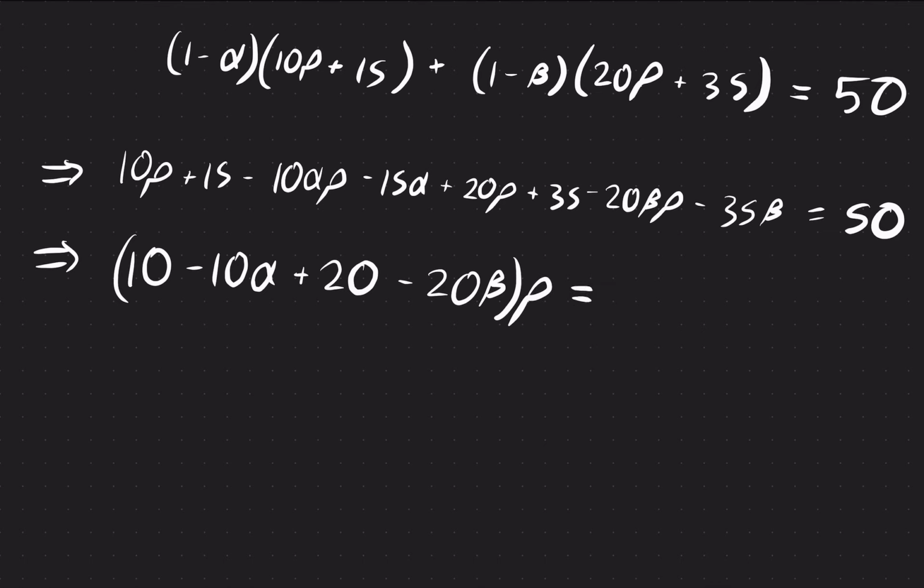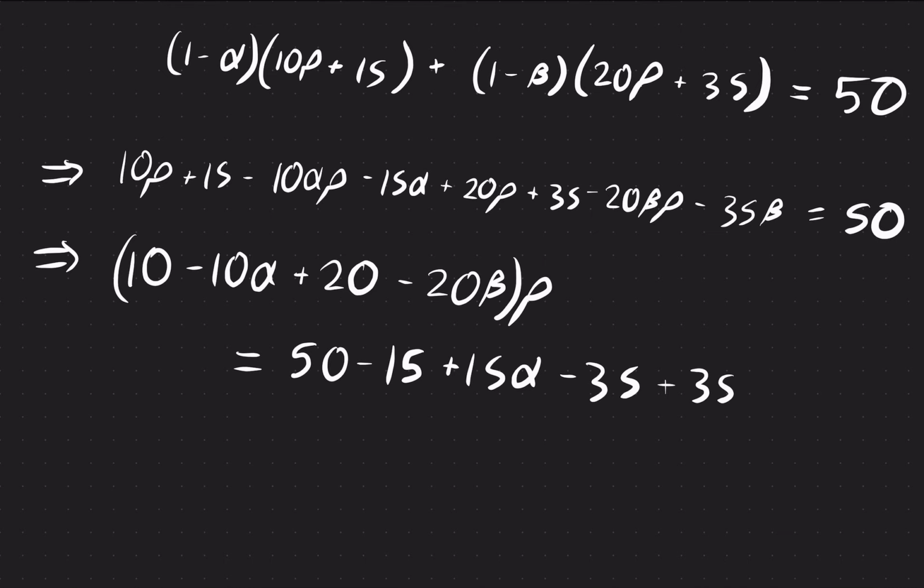And we're going to move the non-rho terms to the other side. So we get 50 minus 15 plus 15 alpha minus 35 plus 35 beta. Sorry, this should be a plus 15 alpha. And we can simplify this just by getting 15 alpha plus 35 beta.